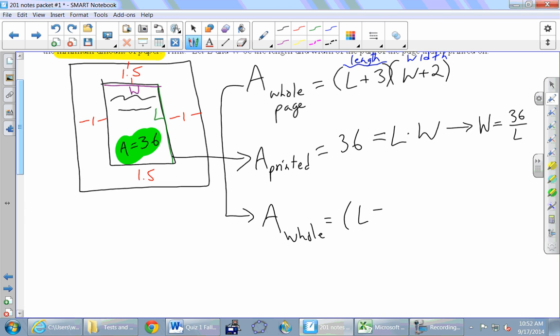So L plus 3 gets copied. W plus 2 becomes what? 36 over L plus 2.